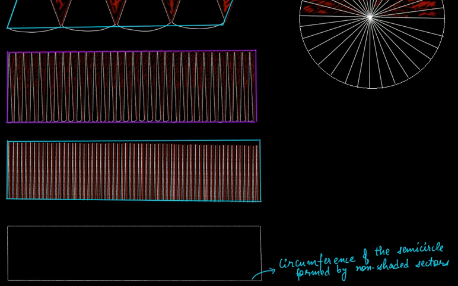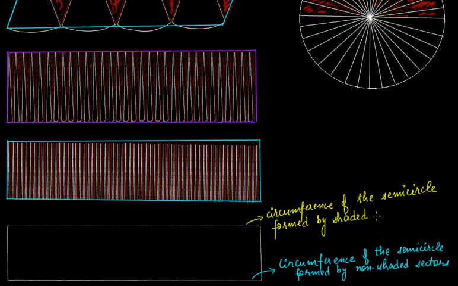And if you look at this one, this whole is actually the circumference of the semicircle formed by shaded sectors.